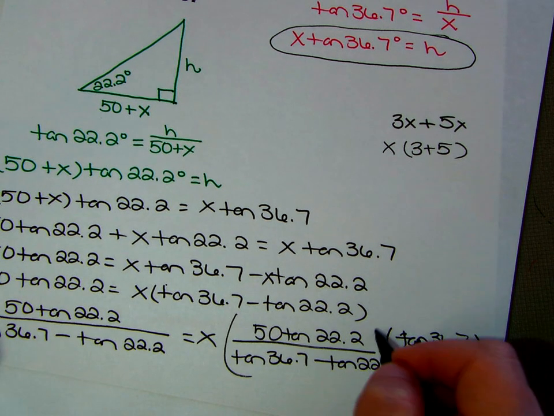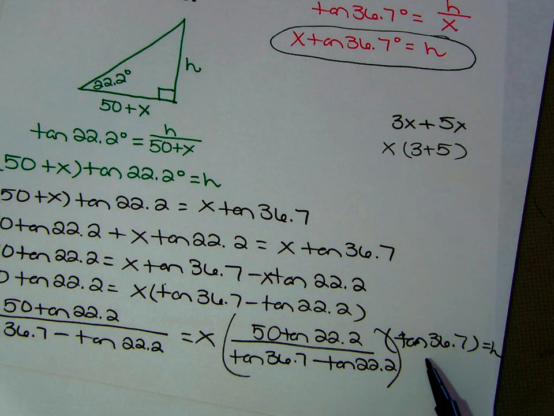Don't try and do magic math where you're like, well, I have a tangent 36.7 and tangent 36.7, obviously I can cancel it out. That's magic math. It will be wrong. Your calculators can handle this.